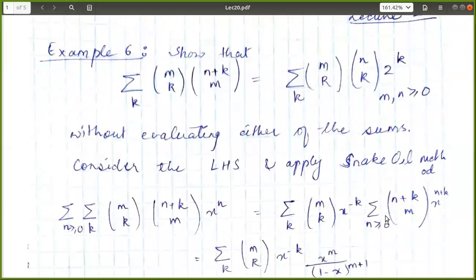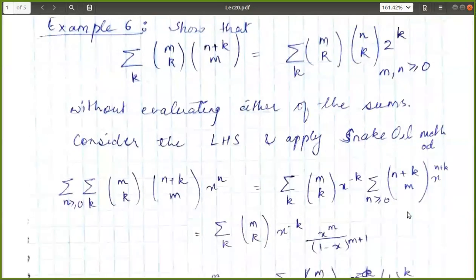Now, this identity which we have been using so many times since last class is x raised to the bottom element of the binomial coefficient divided by 1 minus x raised to plus 1 of the top. So you get this thing. Now in this, 1 upon 1 minus x is free, so you can take that out.